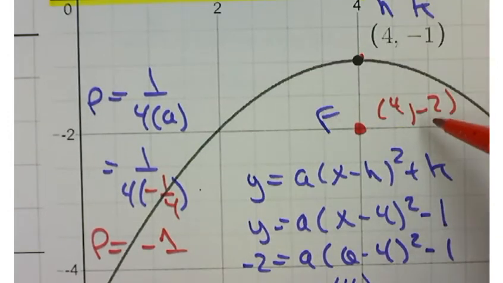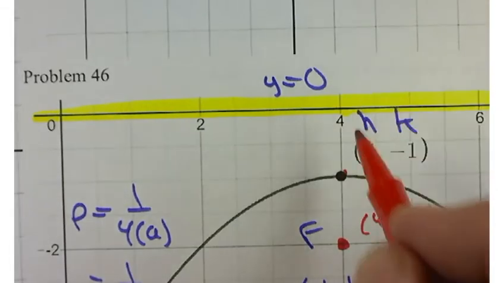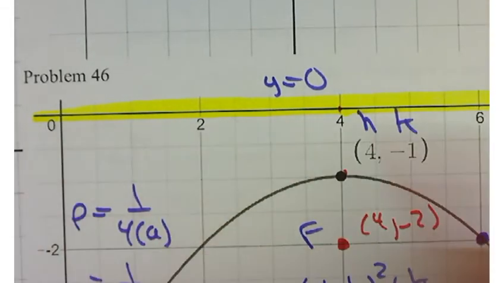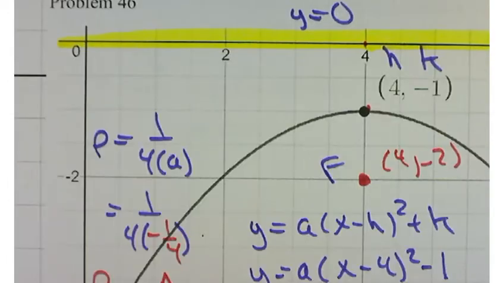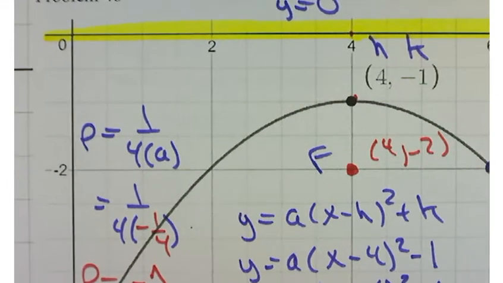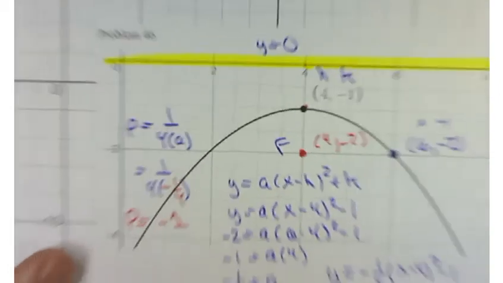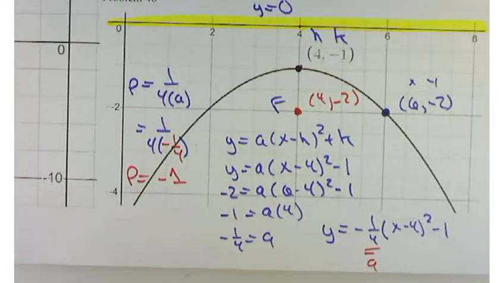Down 1 from that gives you coordinates at 4 and -2. Up 1 from that puts you on this line, and that line is at y equals 0. So Dwayne, okay, thank you. Anything else on 46?